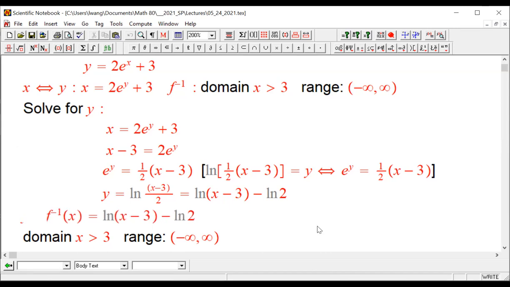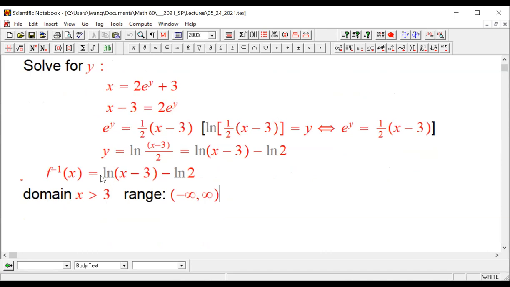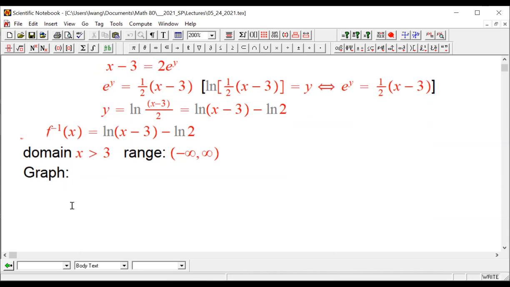So let's look at the graph. The graph of this function, what would that be? Well, we're going to start with ln x.